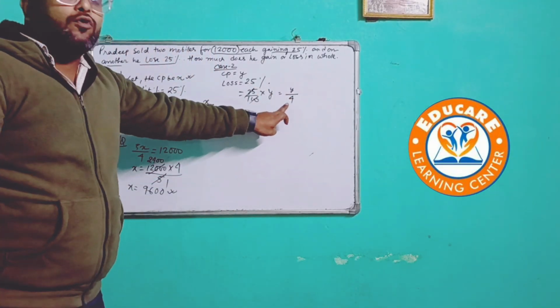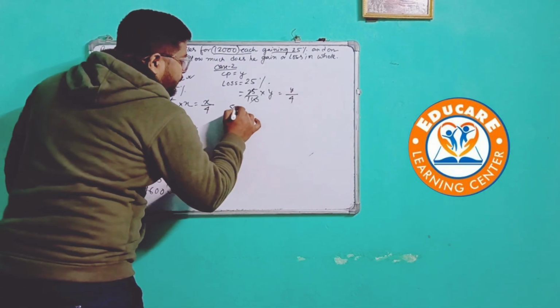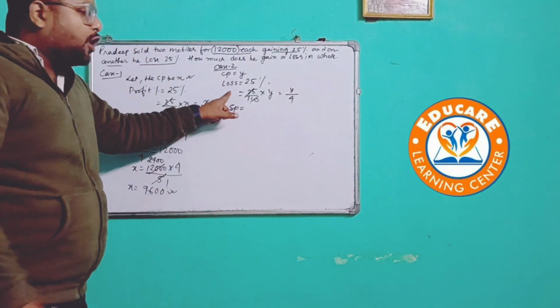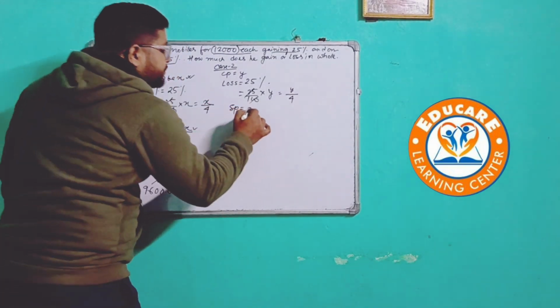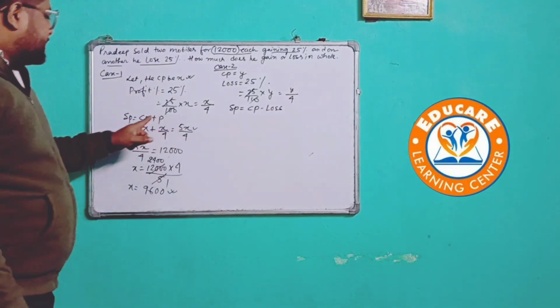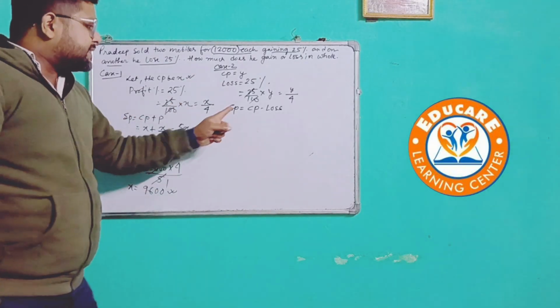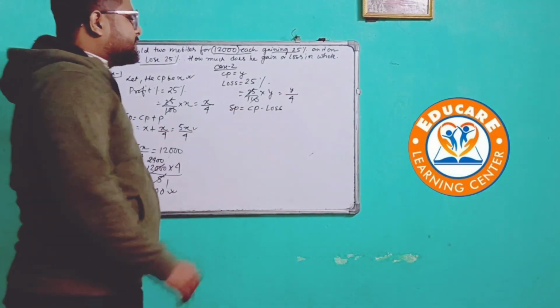Now what is Y by 4? Y by 4 is our loss. You need to find the SP. In order to find the SP in case of loss, the formula is CP minus loss. See, in case of profit, we did CP plus profit. In case of loss, we do CP minus loss.